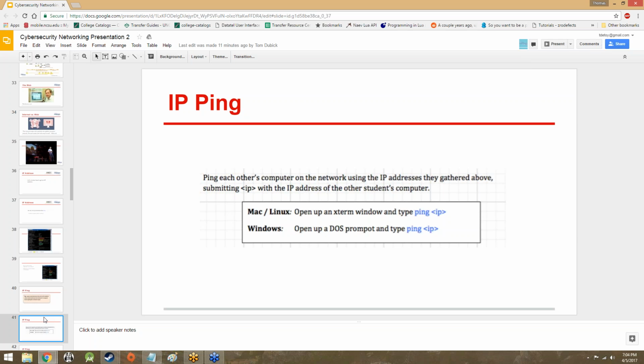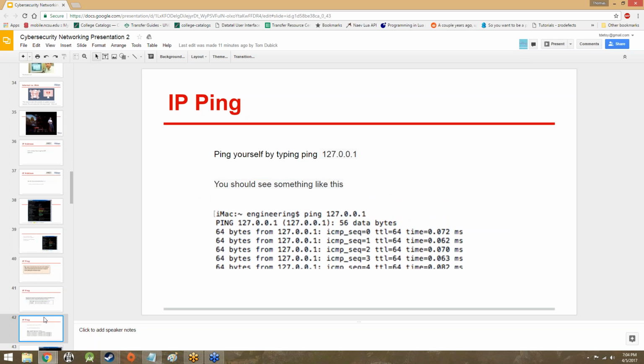You can put in a web address and it will return an IP for your ping command. So you can ping google.com and your local DNS will return the IP address, and that will be slotted into ping appropriately, and then you'll be pinging google.com, like the nearest server for it.